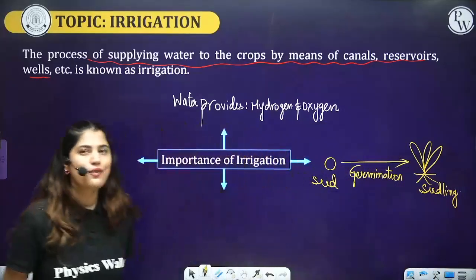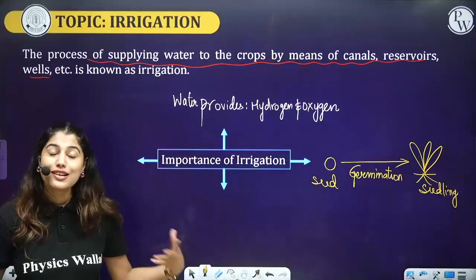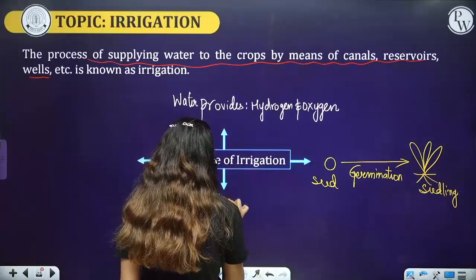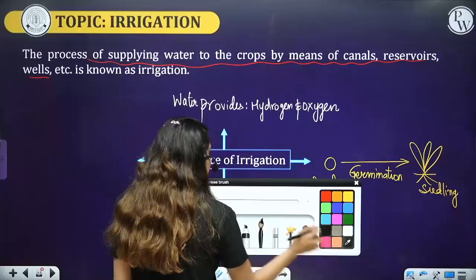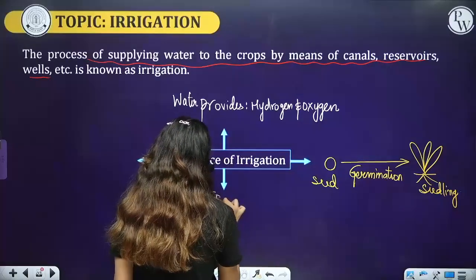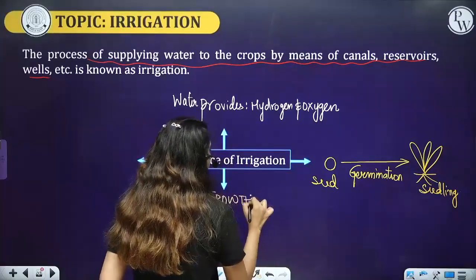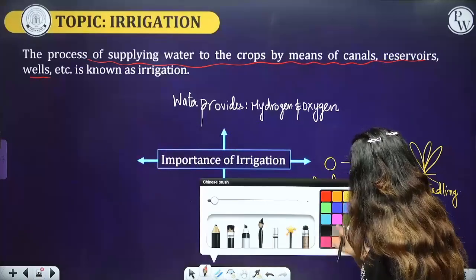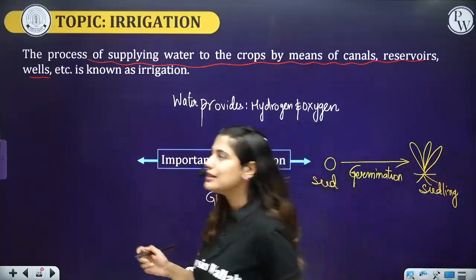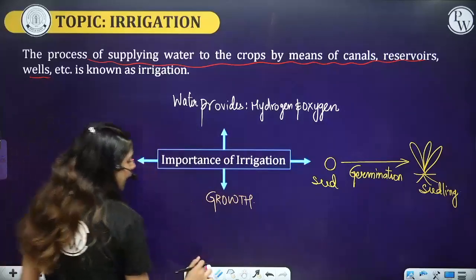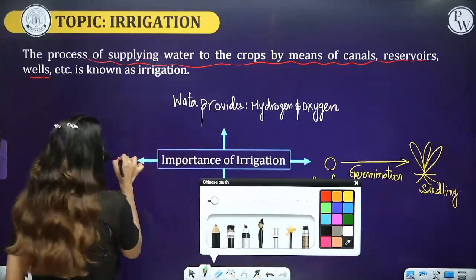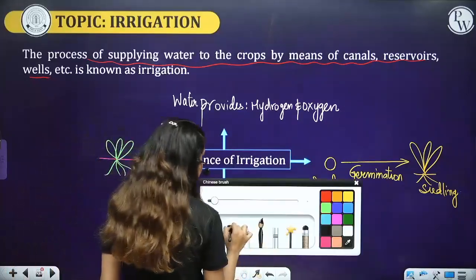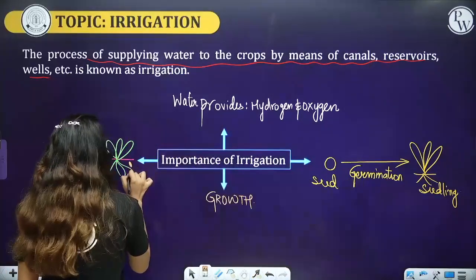What else? Why do we need water? Yes, water is required for growth and development, for the purpose of growth, right? For what else do we need this water? Minerals. If I talk about how plants take minerals, suppose this is my plant, growing here, and I have supplied nutrients into the soil, right?